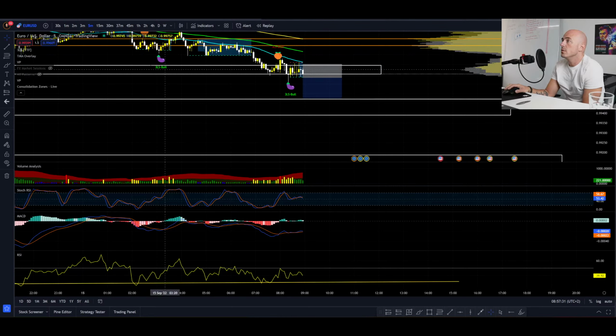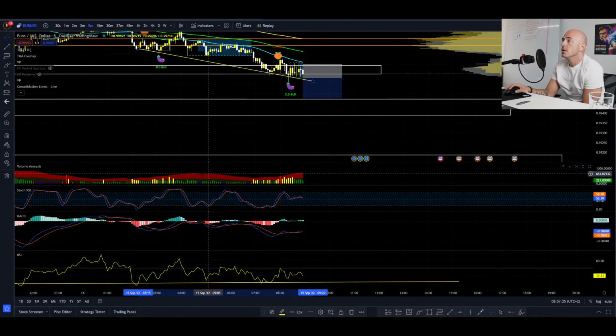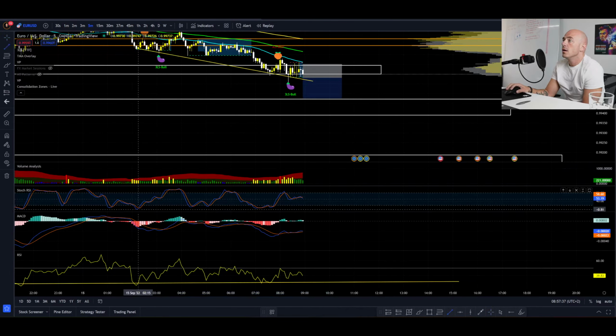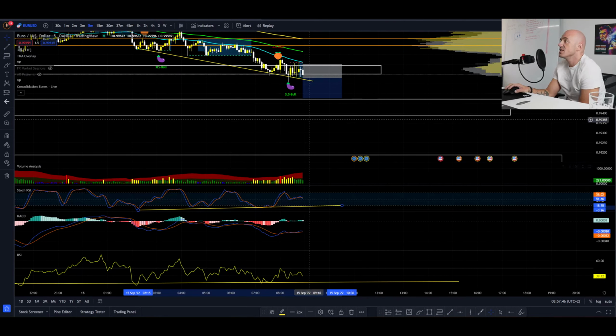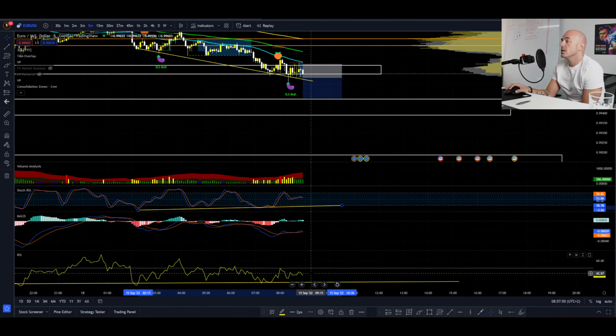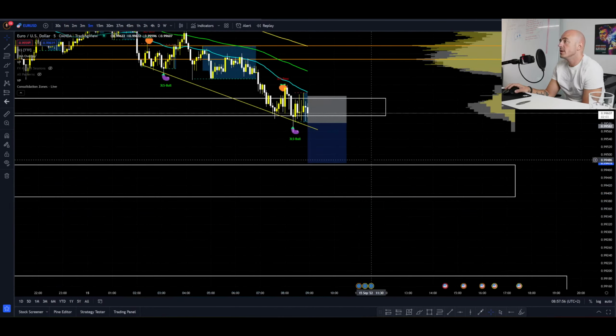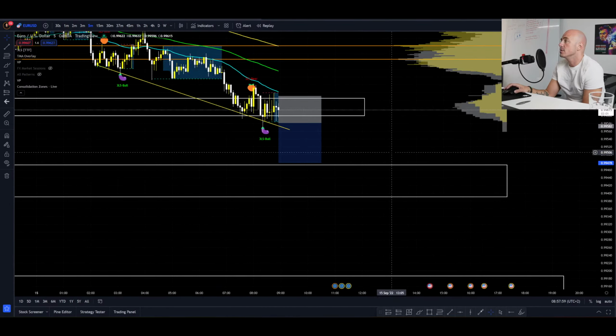Okay. Trend line. We're getting a wee bit of a divergence. And RSI is in the oversold area. It's a wishy-washy trade, but the best trade setup we've got so far.